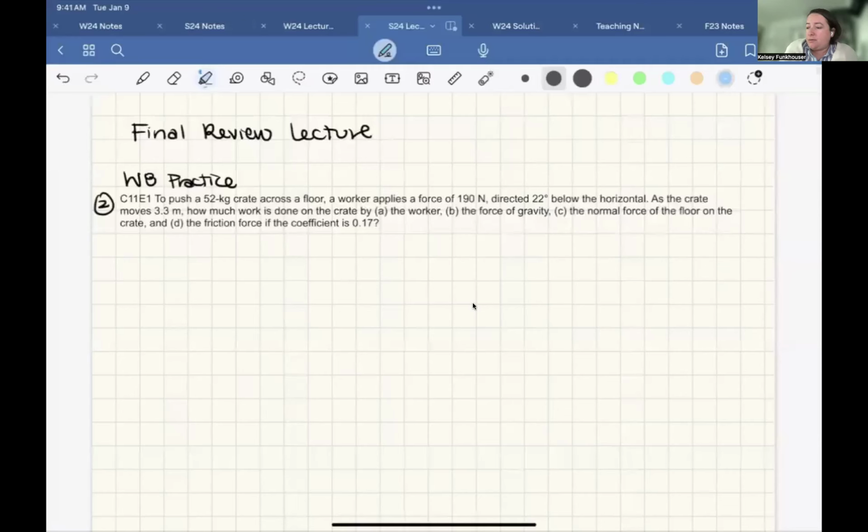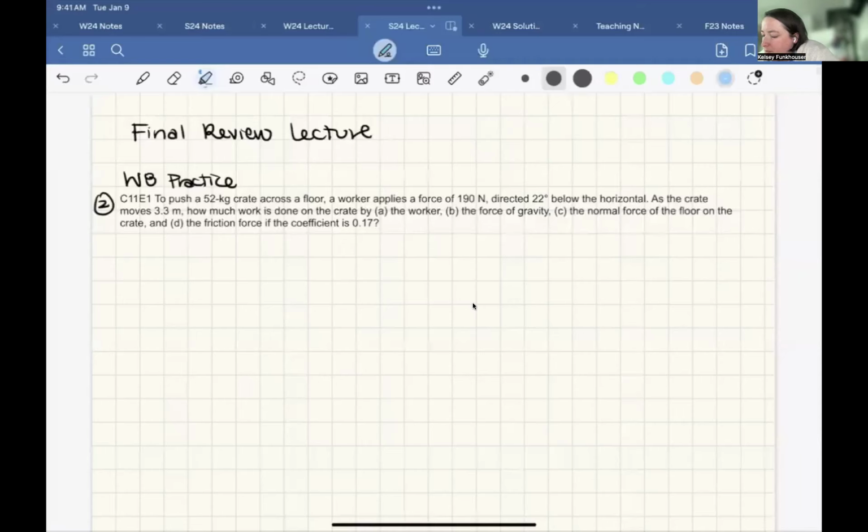Okay, so the first question comes from the practice, question 2, which is from chapter 11, exercise 1. To push a 52 kilogram crate across the floor, a worker applies a force of 190 newtons directed 22 degrees below the horizontal.